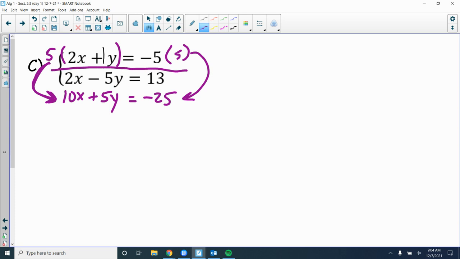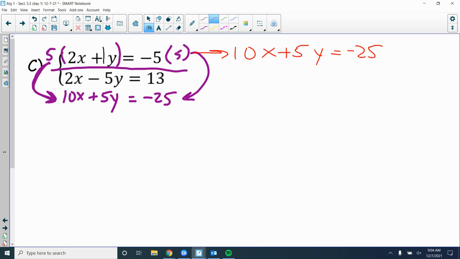This is still my top. We're still using it. We haven't done anything with this. I just changed this top one to what, guys? 10x plus 5y equals negative 25.